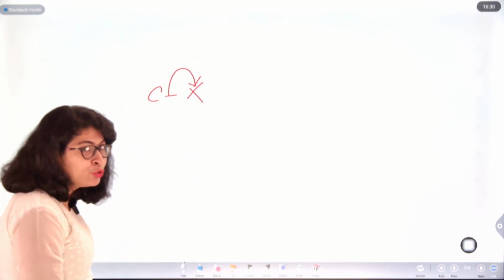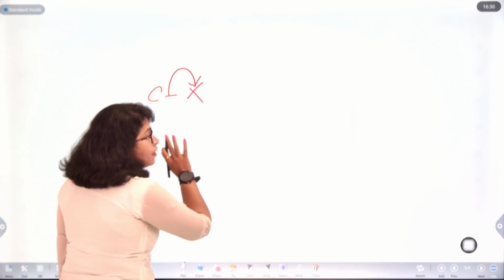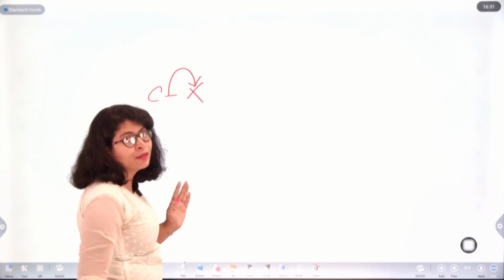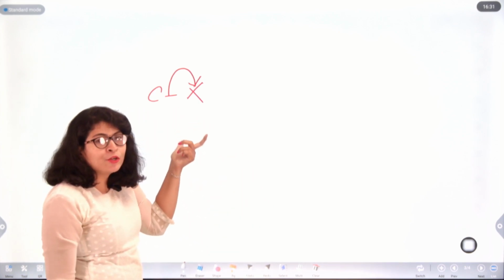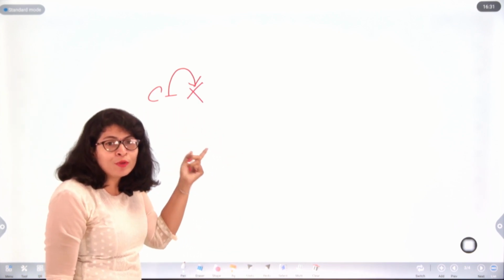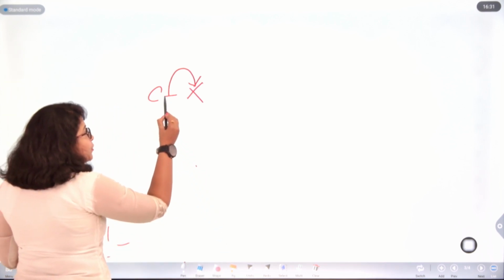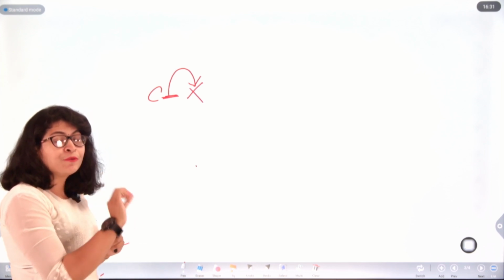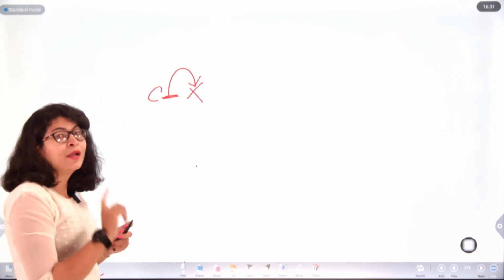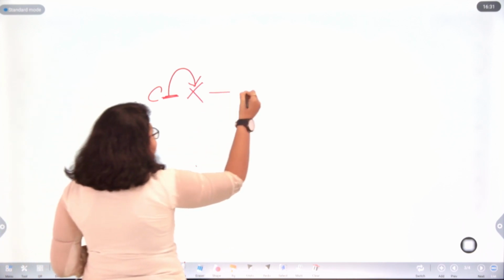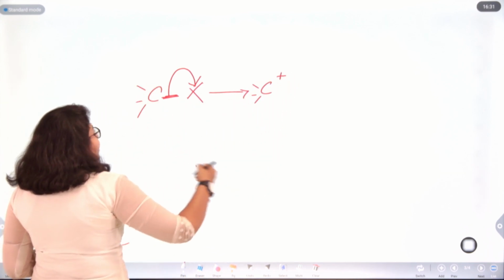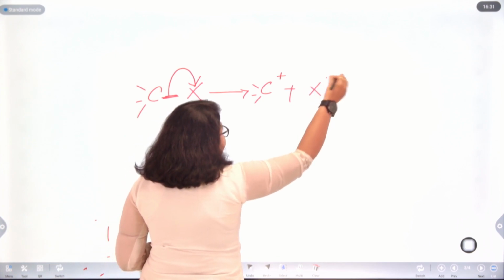So if I have to show that X is taking away electron, I don't need to write a long paragraph on it. Simply I can symbolically draw this, and this arrow will mean the electrons which are being shared between carbon and X are now shifted entirely onto the heteroatom X. So this will mean carbon positive, of course 3 bonds are there, plus X negative.